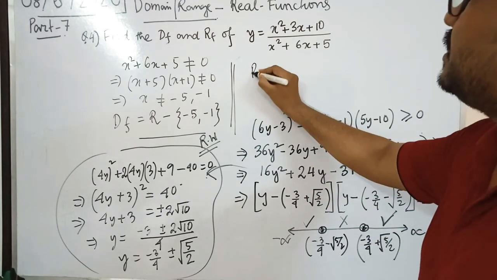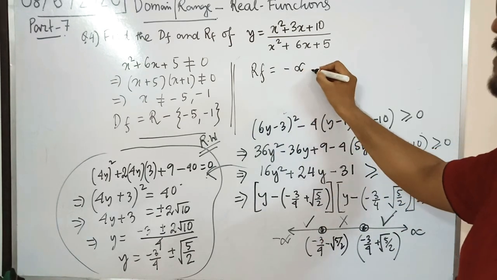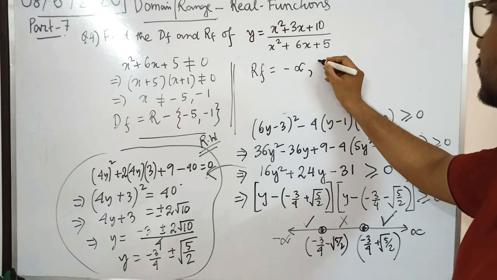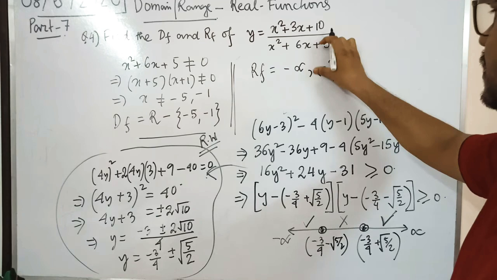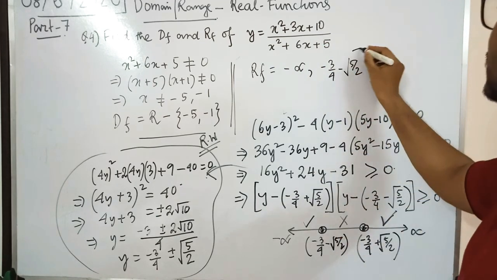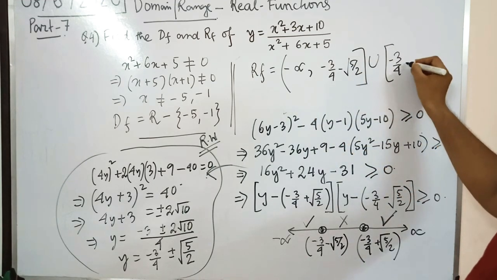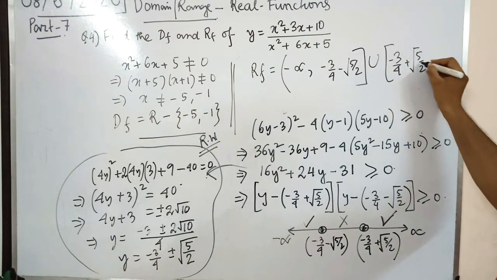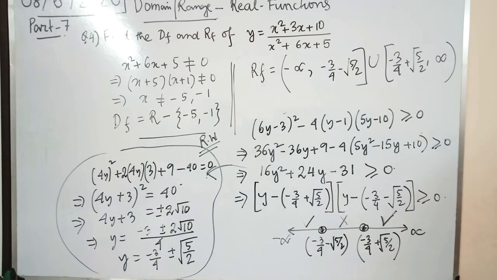So if I write the range over here, RF, please see, this will be minus infinity comma this value, that is minus 3 by 4 minus root 5 by 2. This side is included, so it's an open-closed interval, union, then minus 3 by 4 plus root 5 by 2 to plus infinity. So this is a closed-open interval. This will be the answer for the range of this problem.